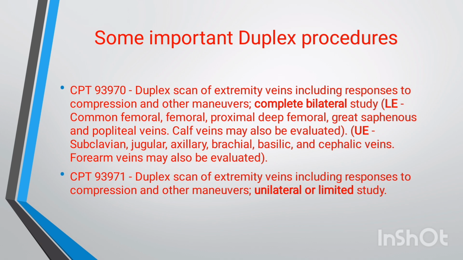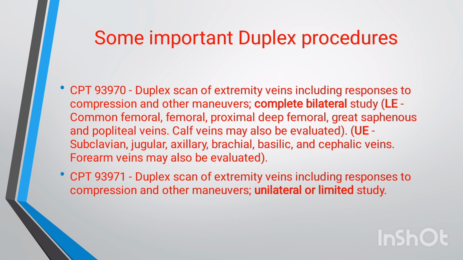For complete bilateral study of the upper extremity, we need to check that subclavian, jugular, axillary, brachial, basilic and cephalic veins are present in the report. In case of complete bilateral study of lower extremity, we need common femoral, proximal deep femoral, great saphenous and popliteal veins documented inside the report. Then only we will bill it with CPT 93970.